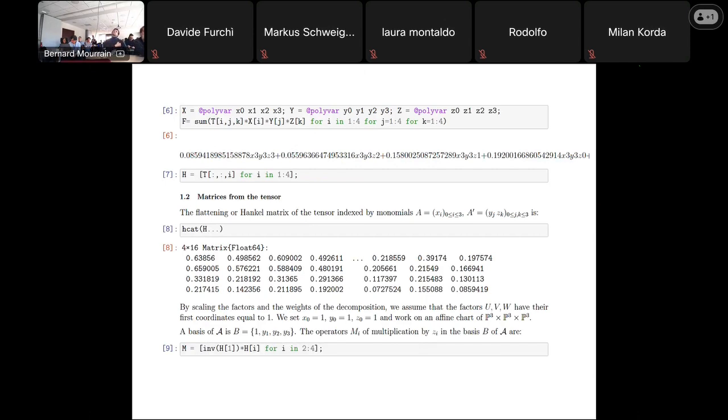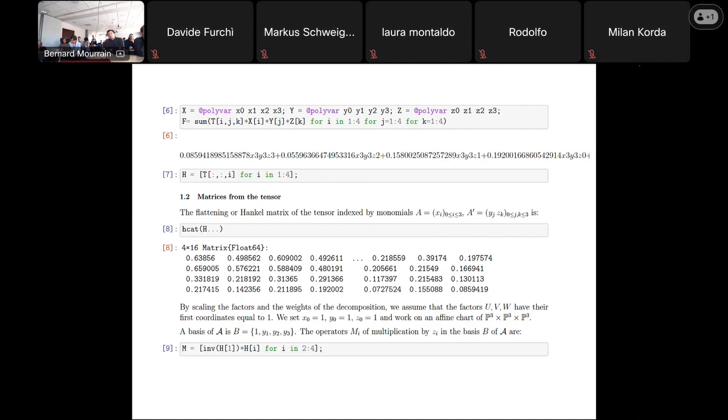Sorry, the polynomial. So what we will construct first are slices H0, H1, which is a shift by some variable x1. So how to interpret this?